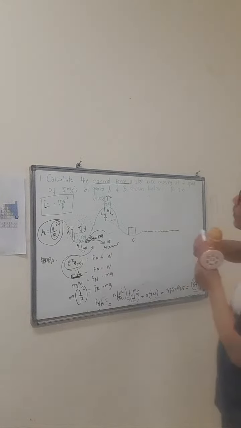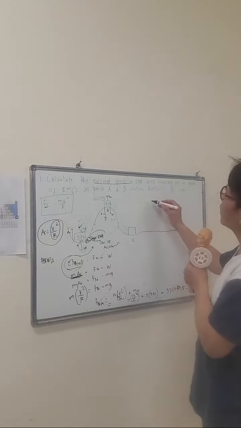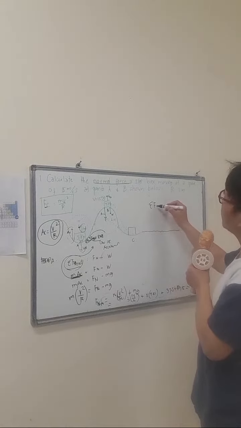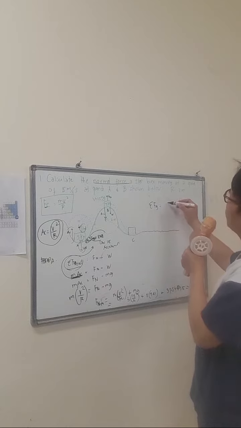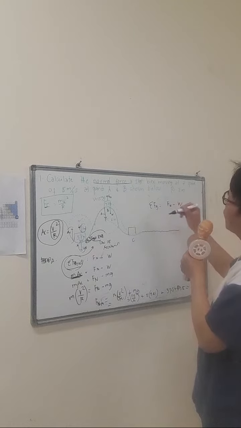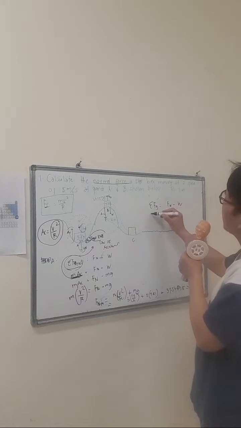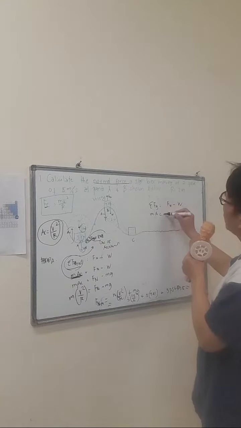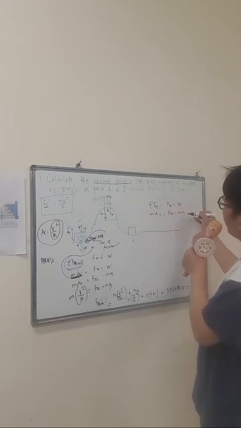And now here, we have to solve for the summation of the vertical forces. Net is equal to positive normal force minus the weight again. And then our centripetal force will be again mass times the centripetal acceleration, equal to the normal force minus mass times acceleration due to gravity.